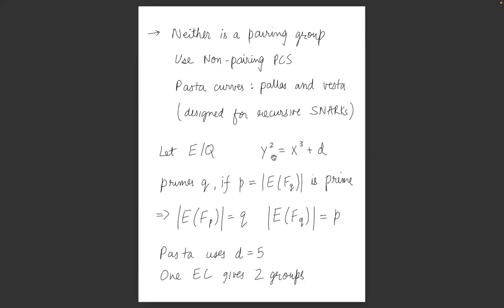One example of an elliptic curve is y squared equals x cubed plus t, and there is a theorem, I forgot the name, which says that there exist many primes q for which, if the order of this elliptic curve is p, and this order p is prime, then we have this cycle of groups where the elliptic curve defined over Fp is of order q, but the elliptic curve defined over Fq has order p.